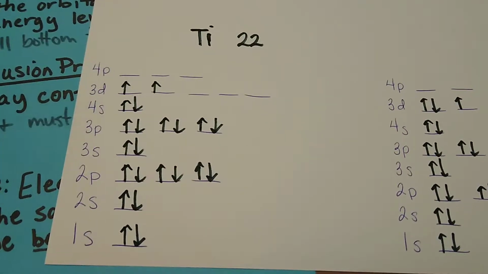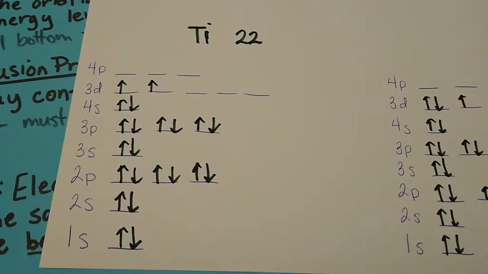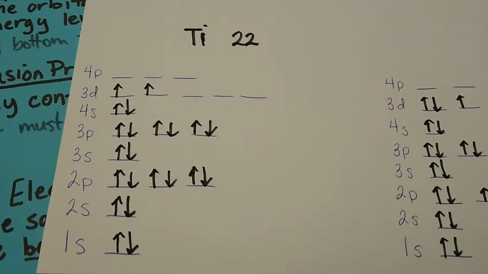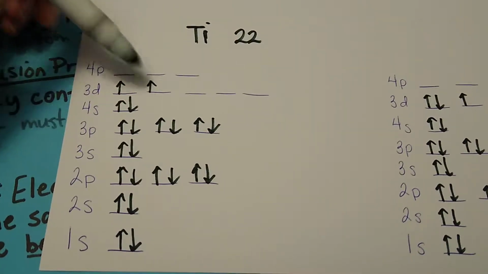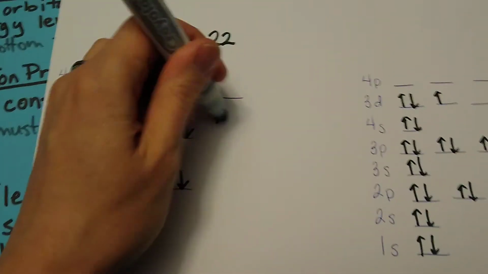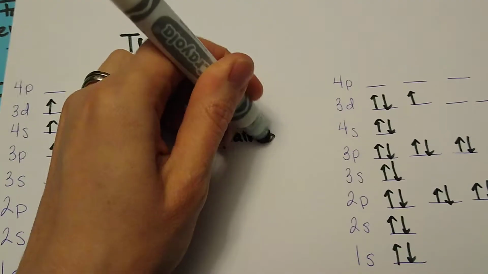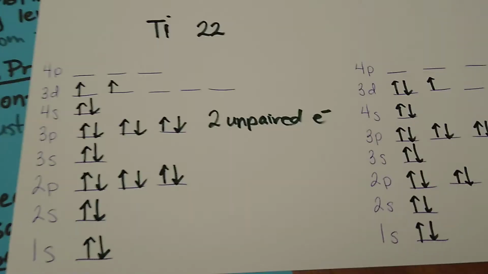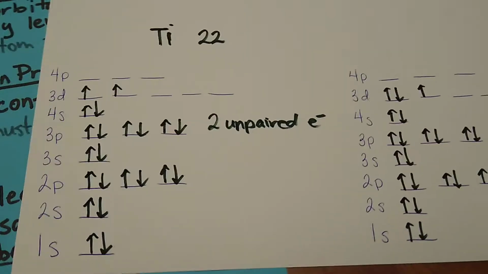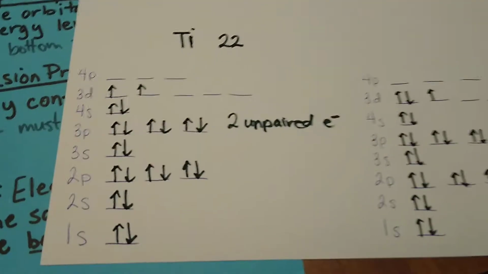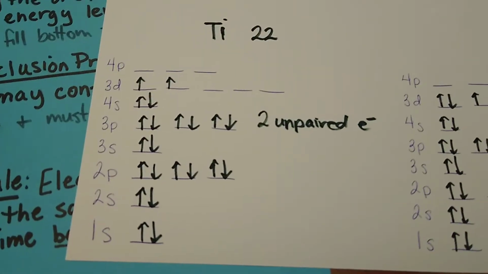Now, after you fill in the Aufbau diagram, you can use it for lots of stuff. First, unpaired electrons. Well, that's easy. We just look at arrows that don't have a partner. So this one has 2 unpaired electrons. Okay, valence electrons. Remember, our valence electrons are going to be our highest energy level electrons.